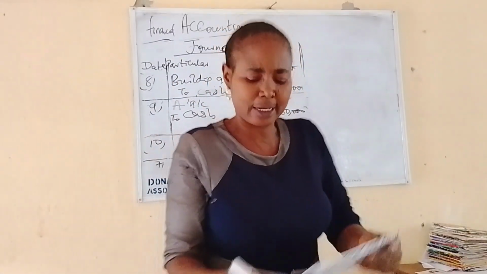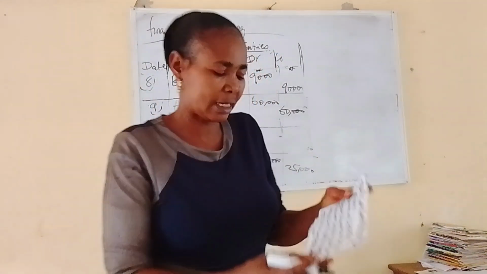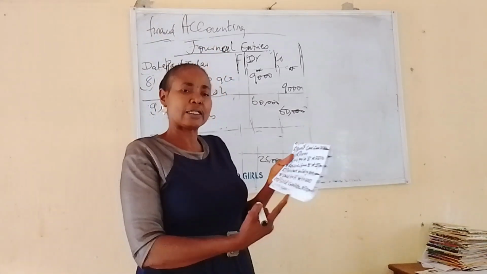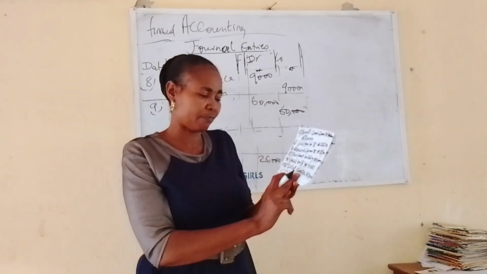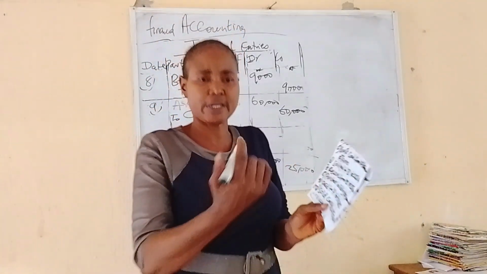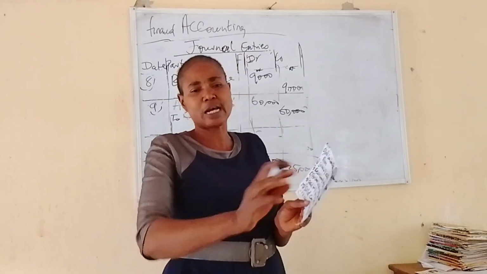Then number 10, sold computer, 80,000. Look at it. Two things are involved: computer and cash account. Which one is going out and which one is coming in? Cash is coming in, so we have to debit cash. And computer is going out.